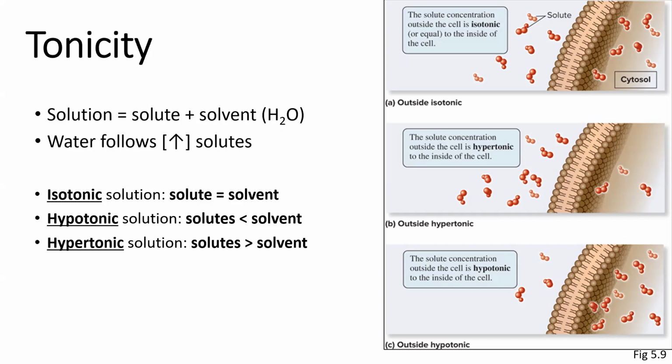So whenever there's a higher concentration of salt, sodium chloride, sugar, glucose, or protein, in this case the interstitial protein albumin, then water is going to follow that, and that's going to lead to a disruption. Well, what happens to the cell when it is placed into a hypotonic solution?